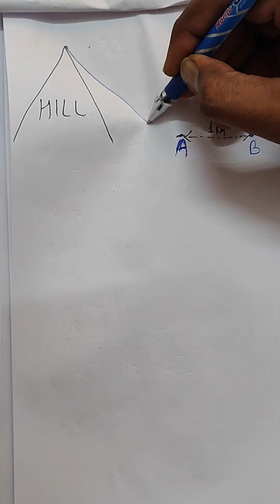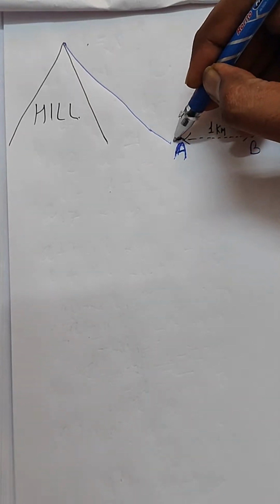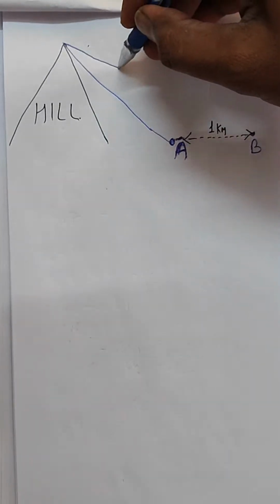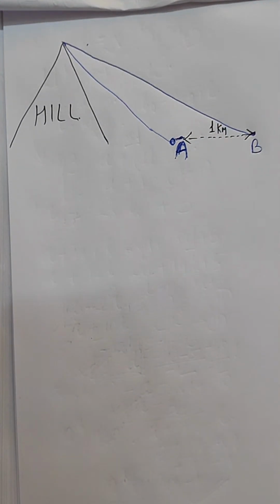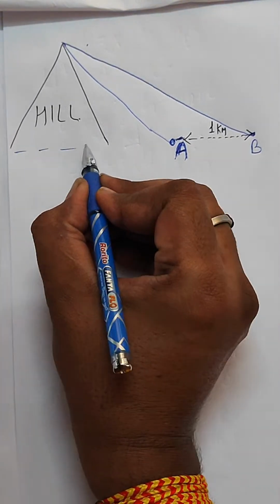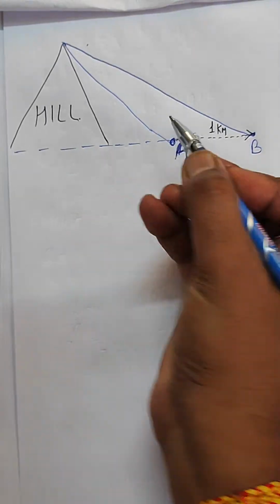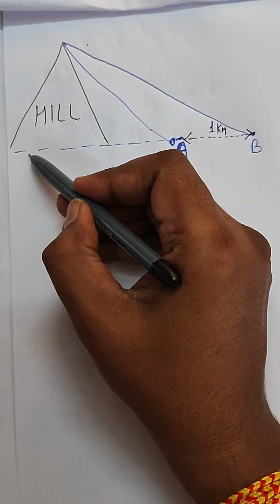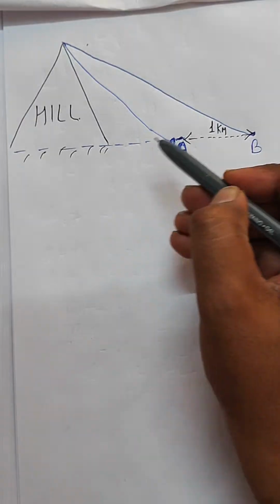If this is the angle of depression to, let's say, this point A, and this is the angle of depression to B, then this is the horizon, this is the horizontal ground.